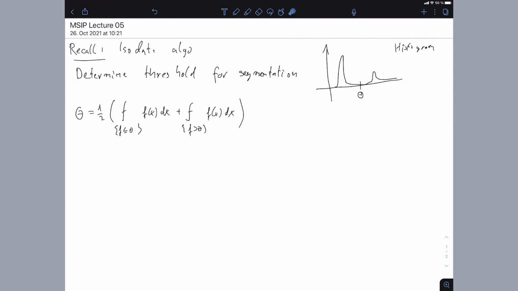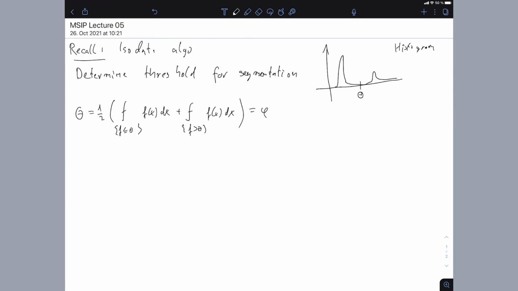So this area here is what we see in the histogram as this part. So it's integrating, taking the average here, so it will find roughly this position, and the other part will find roughly that position. It's just a question how can we solve this nonlinear equation here for theta.